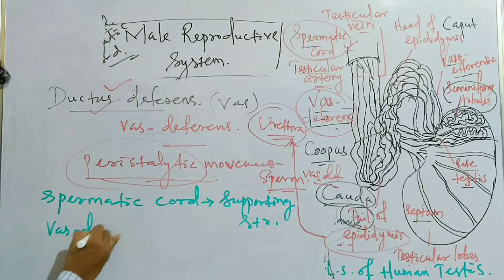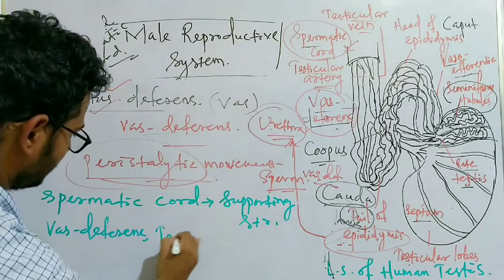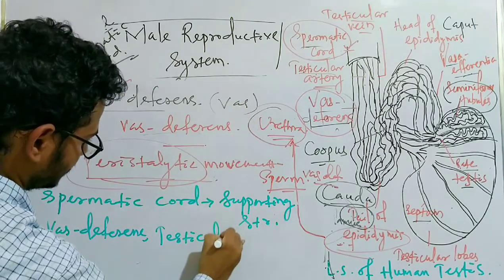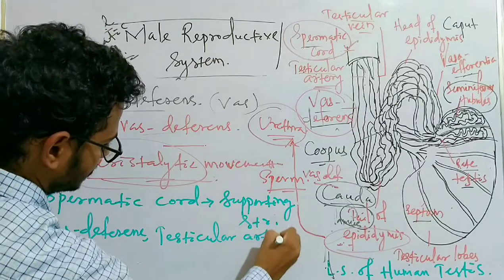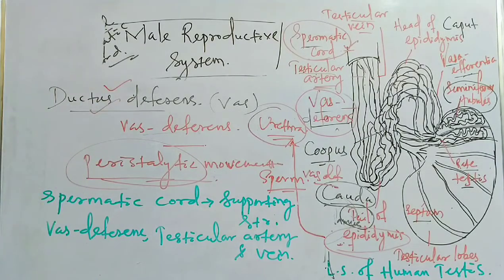The vas deferens, then the testicular artery and vein, and also the supply of nerves, that is the autonomic nerves, and lymphatic vessels.